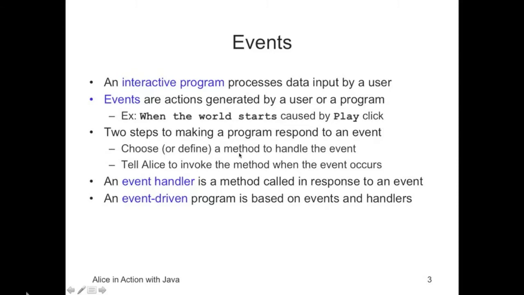Actually, that's not always necessary, but it's usually what you do. And you also have to tell Alice when to invoke that method. So that would be creating an actual event. That method that is invoked when the event happens is called an event handler. And a program that is driven by such event handlers is called an event-driven program.